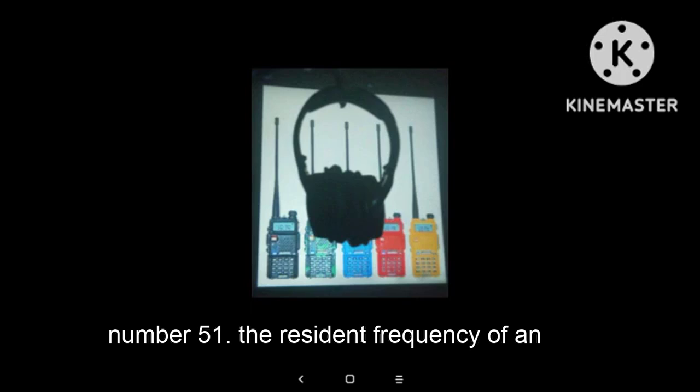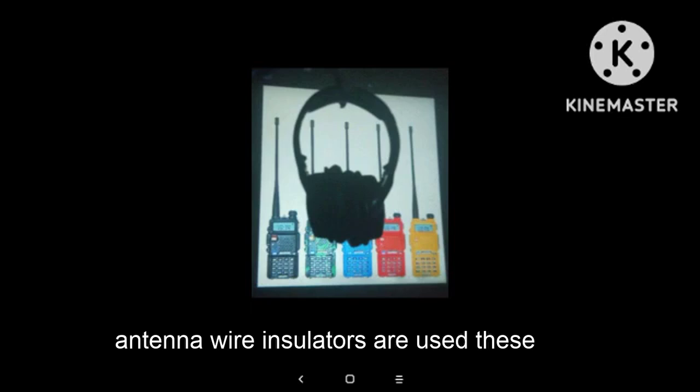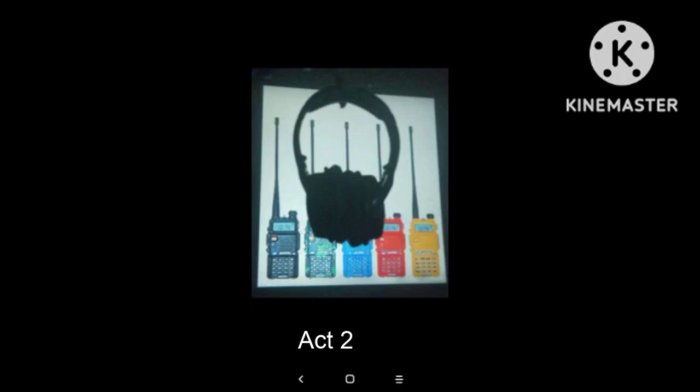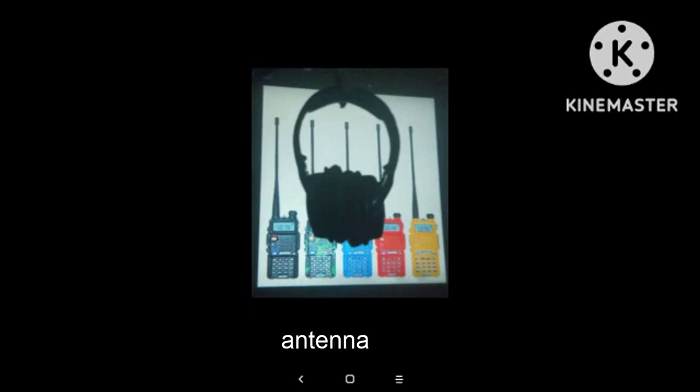Number 51. The resonant frequency of an antenna may be increased by shortening the radiating element. Number 52. At the end of a suspended antenna wire, insulators are used. These act to limit the electrical length of the antenna.